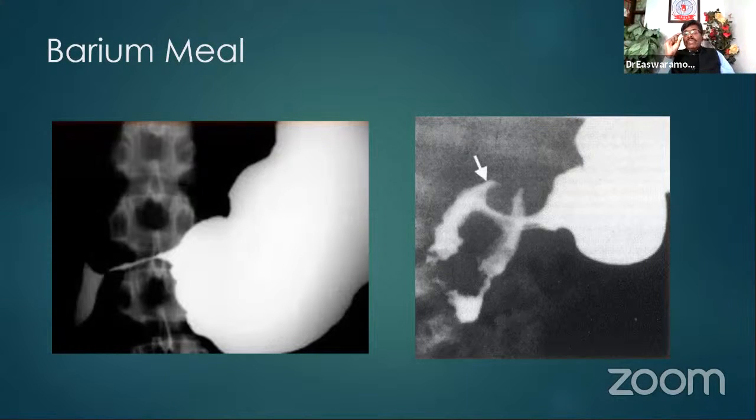Sometimes, if I ask you a vague essay question like the role of imaging in GIT, you'll be wondering what to write. Now you can write systematically: plain X-ray, barium, CT, MRI, radioisotope. In the first paragraph, how it is done.